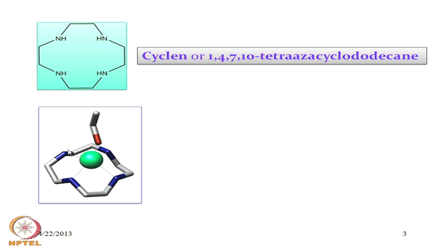So, all 4 nitrogen donor atoms are basically going towards the upward direction. That means this nitrogen is basically a pyramidal one, because the third bond which is attached to this nitrogen is the NH bond. So, 4 pyramidal nitrogens are pointing towards the upward direction, and when these 2 adjacent nitrogens are in the upward direction, you have the downward direction of the backbone, and which is trying to coordinate to the metal center.